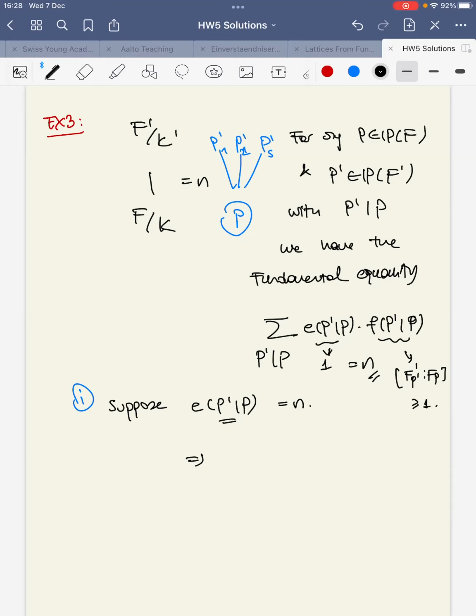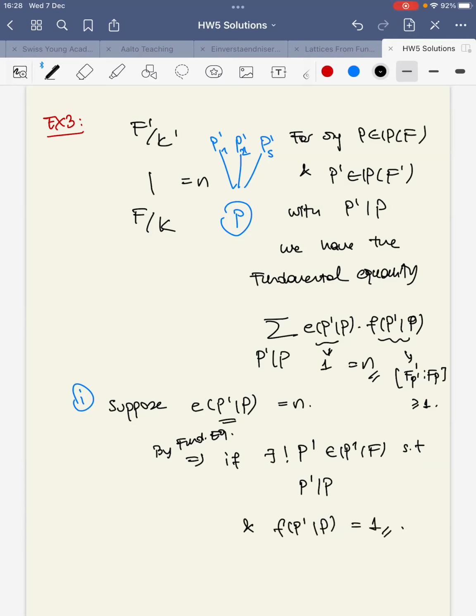So this equality cannot be possible if there exists a unique extension of P in the extension field F' and its ramification index and relative degree are exactly 1.